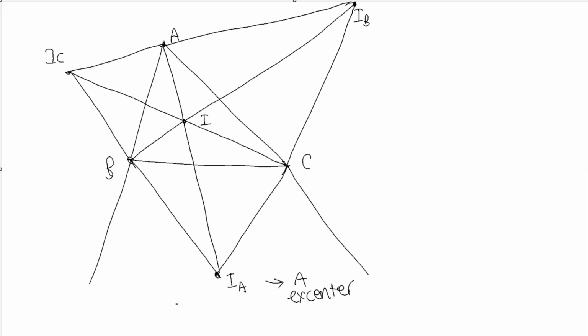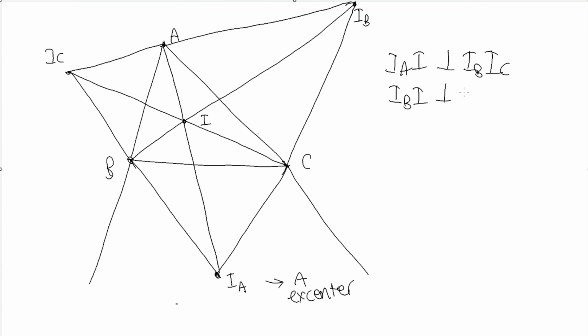And because this external bisector is perpendicular to this internal angle bisector, because they just meet at a right angle here, and you can just calculate it on your own, we get that I_A I is perpendicular to I_B I_C. And this holds for the other two sides as well.